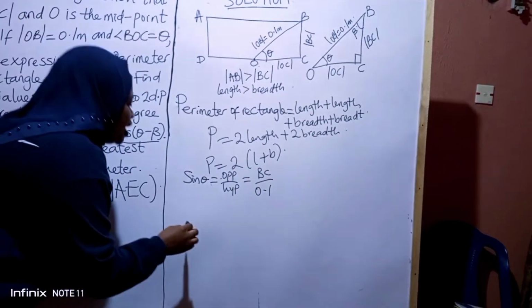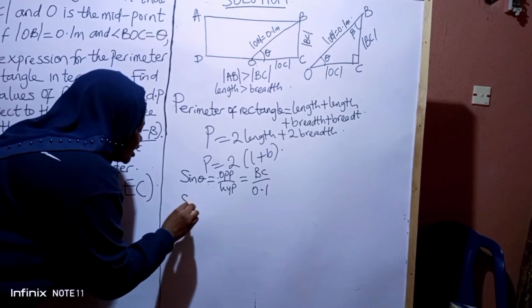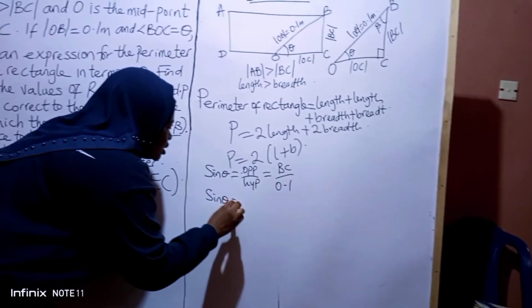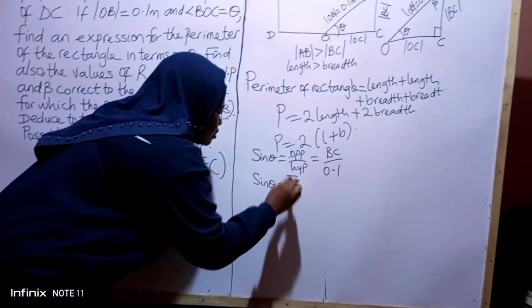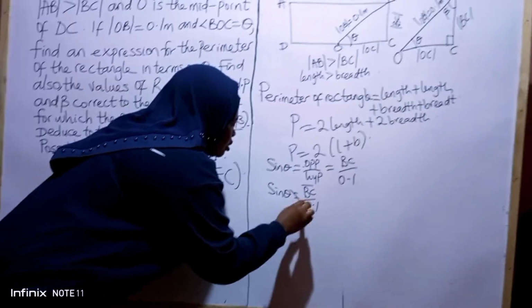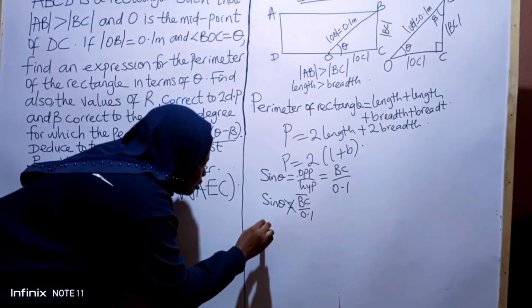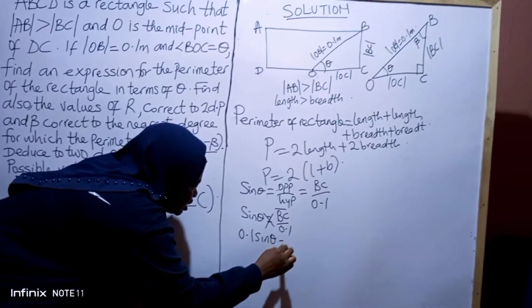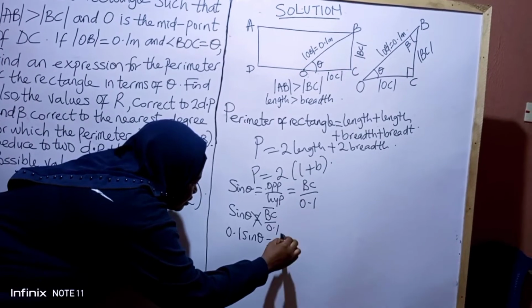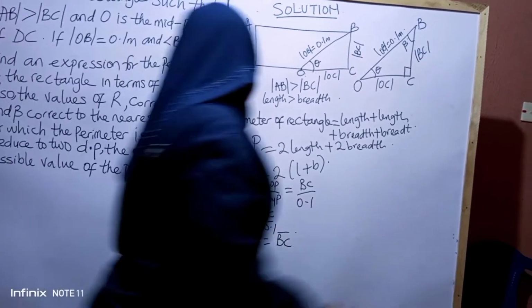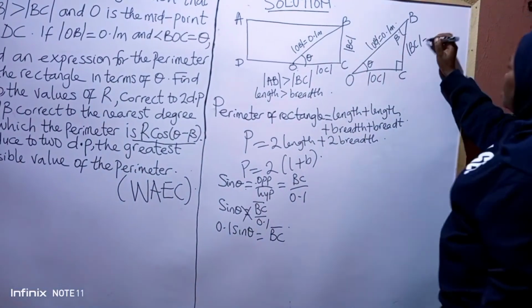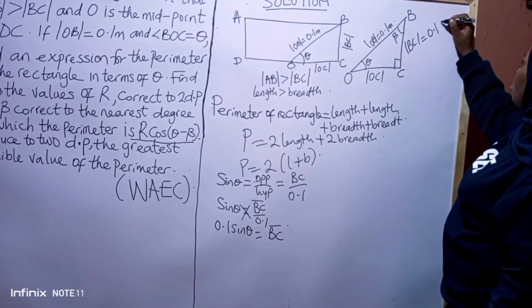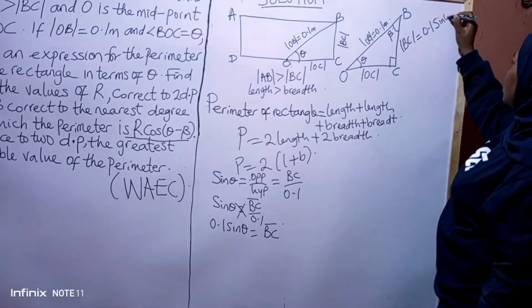So we can now say that sin theta is equal to line BC over 0.1. Cross multiplying gives 0.1 sin theta is equal to line BC. So that means line BC is equal to 0.1 sin theta.